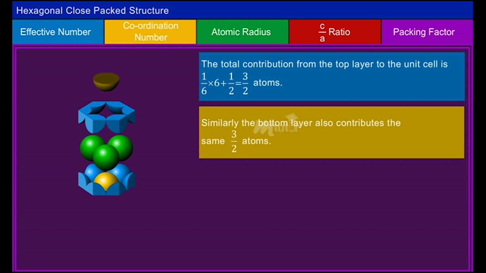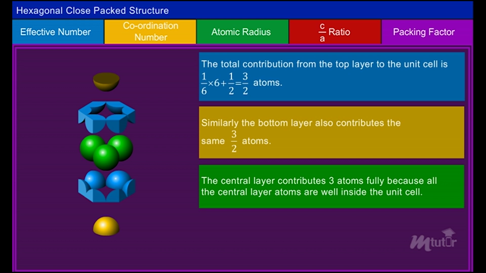Similarly, the bottom layer also contributes the same 3 by 2 atoms. The central layer contributes 3 atoms fully because all the central layer atoms are well inside the unit cell.